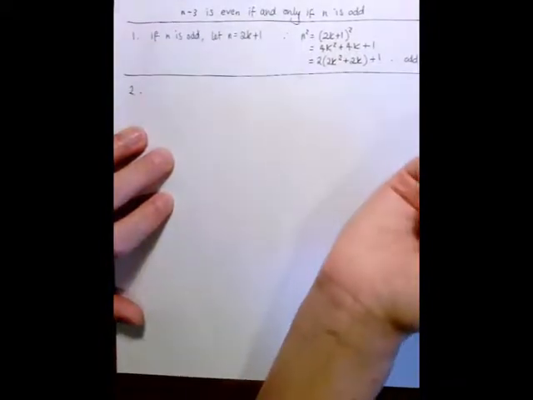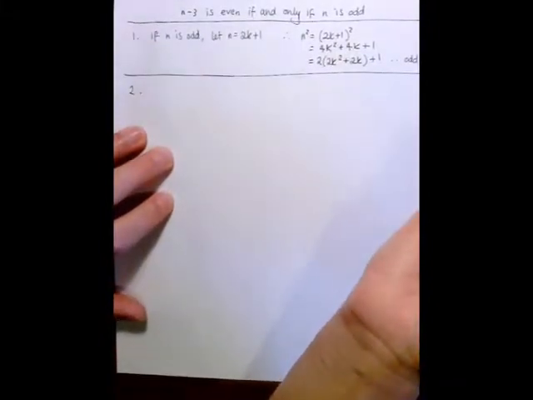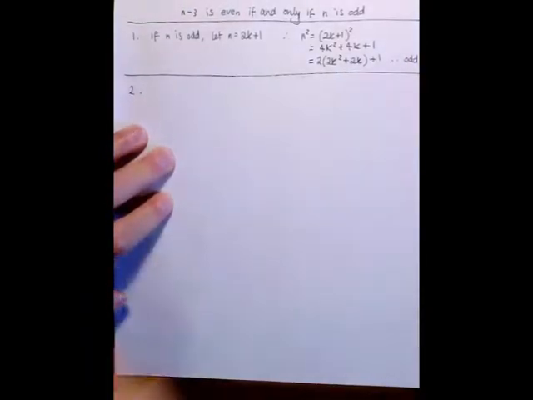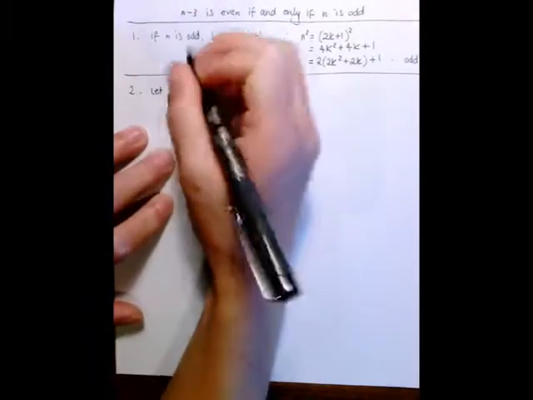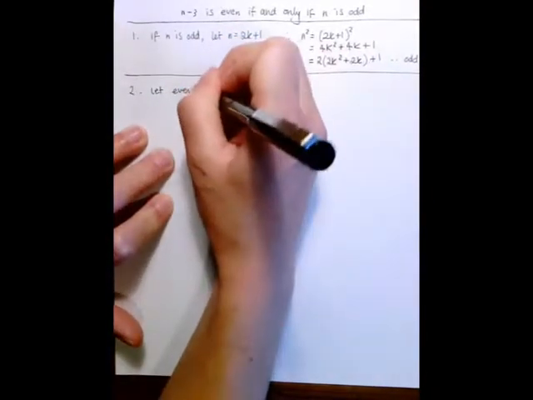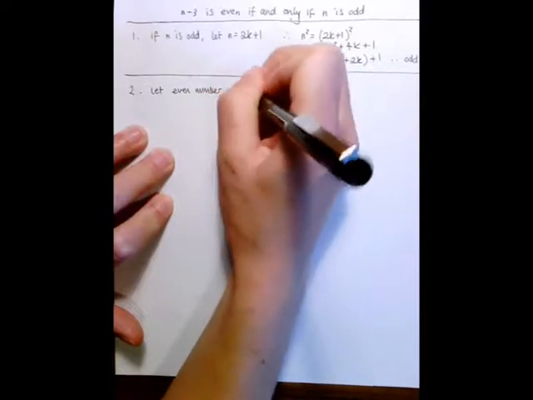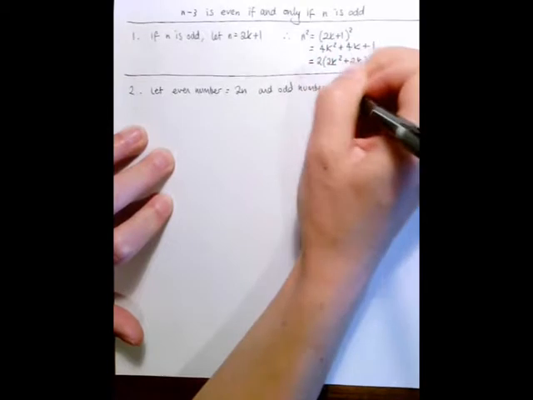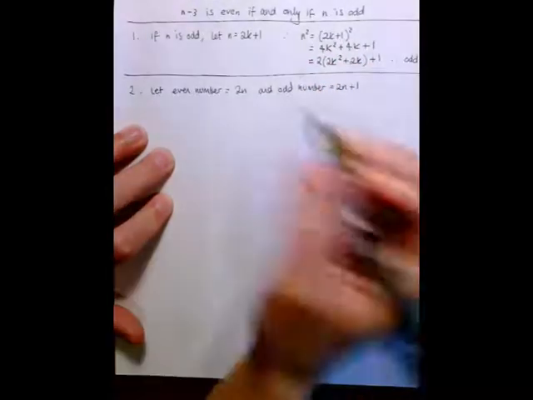Number 2, prove that the sum of an even number and an odd number is odd. Well, we let the even number equal 2n and the odd number equal 2n add 1.